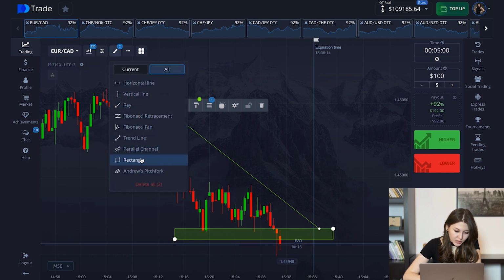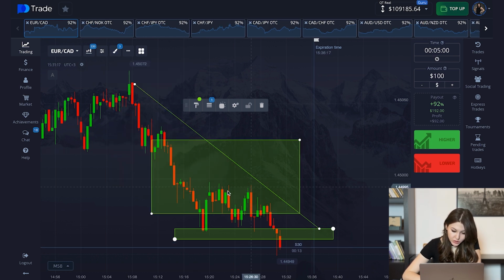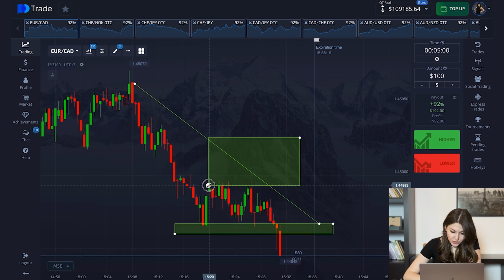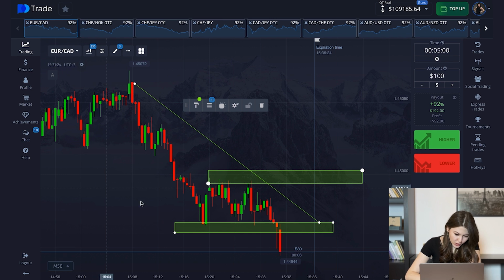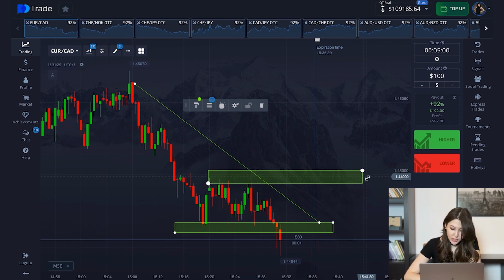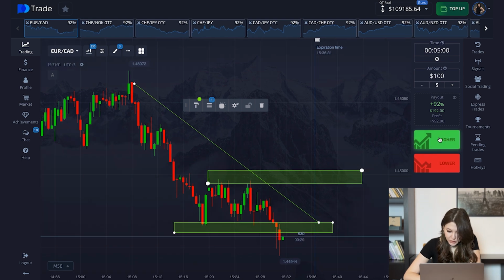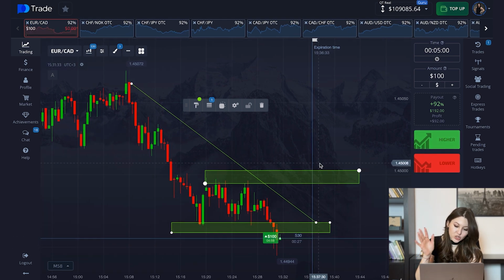Also, we have some zones of support, for example right here, and we can see this really clearly. But we don't have any more zones of support downwards to check them in, so I probably think that we're gonna go upwards. And let's check it out.